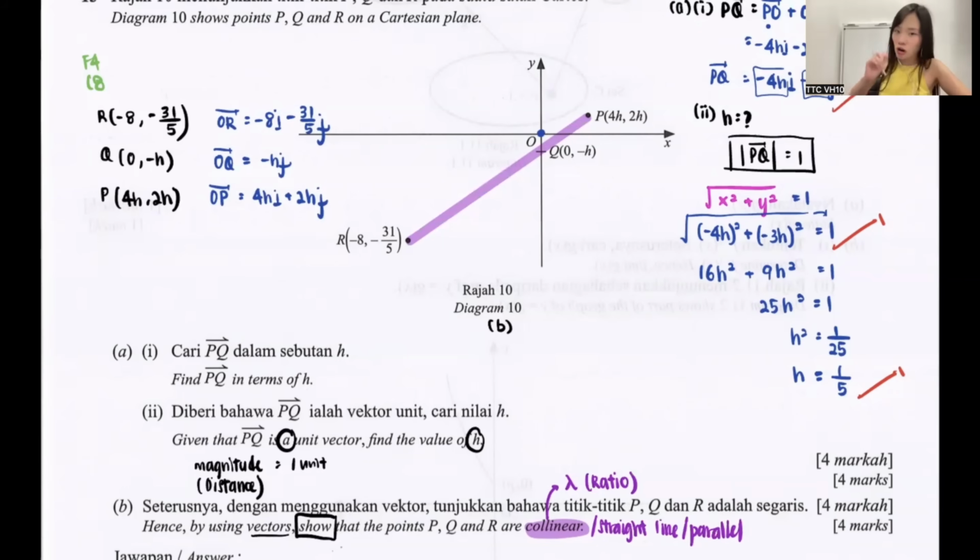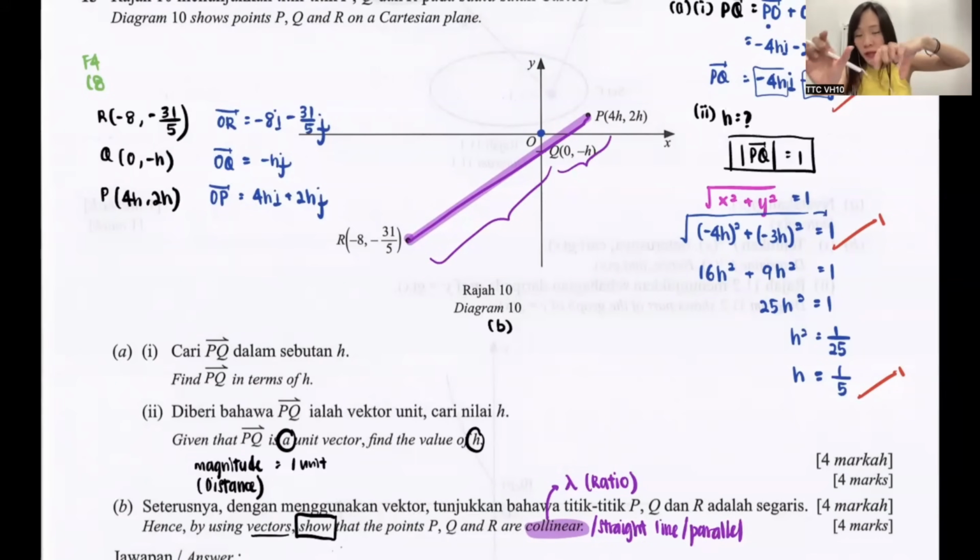So lambda can be written in a lot of ways, because look, this is the straight line. So the straight line will actually tell you who and who are parallel. You can actually say RQ and QP are parallel. But other than RQ, QP, it can also be RP. So isn't it there are these 3 different lines? So you can mix and match to use whichever you like. So guys, definitely I'm using PQ.